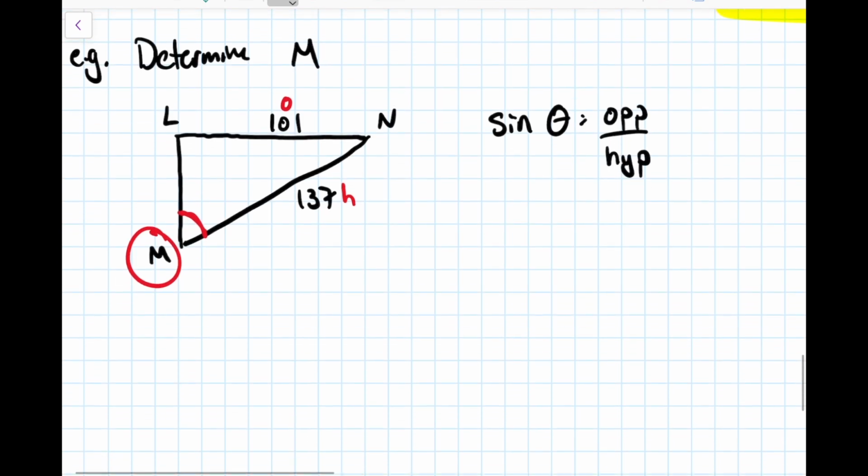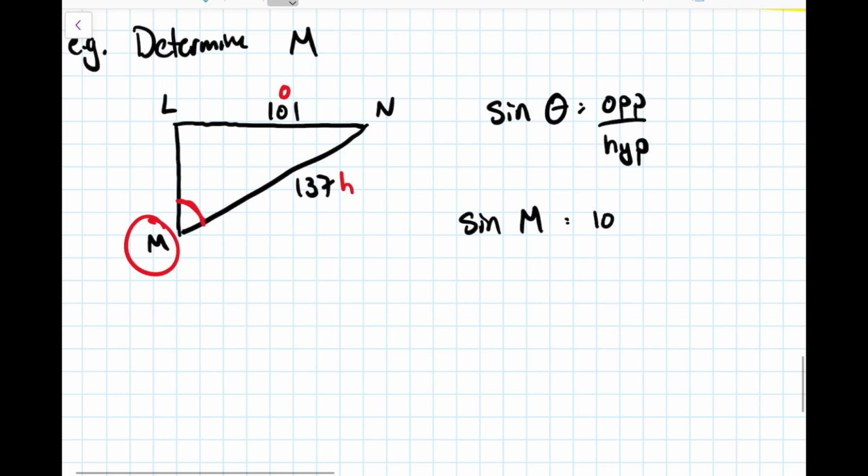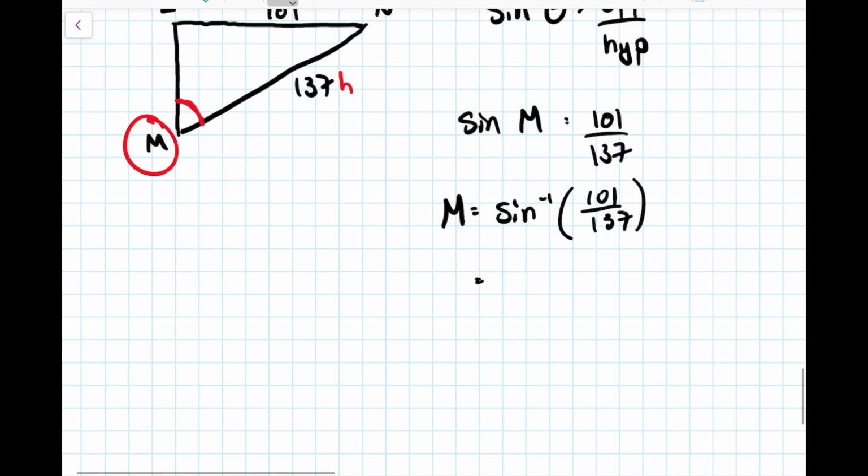Plugging in things we know: we don't know theta, but it's angle M, the angle we were asked to find. The opposite is 101. The hypotenuse is 137. To get angle M, we're going to do our inverse sine of that ratio, 101 over 137. When you plug that into your calculator, you should get 47 degrees.